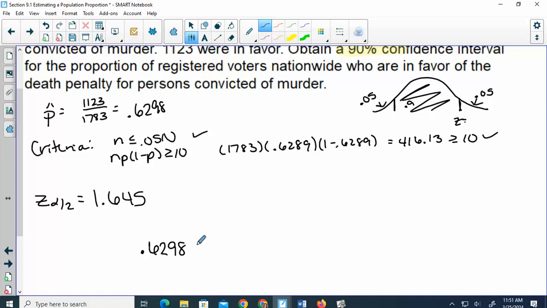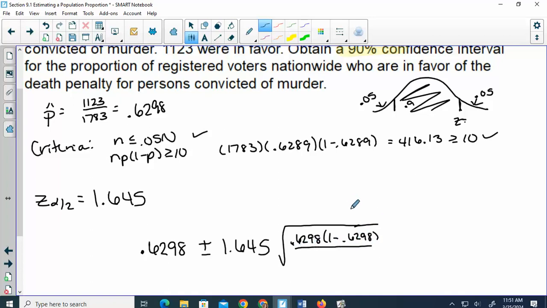Okay, plus or minus Z alpha over 2, so 1.645. And remember guys, this is just straight from your formula sheet, so you're just plugging things in. So times the square root of p hat times 1 minus p hat divided by n, and what was our n here?